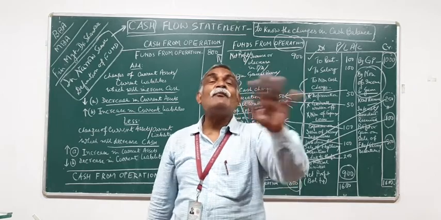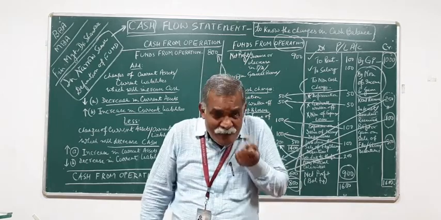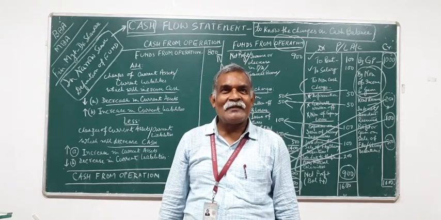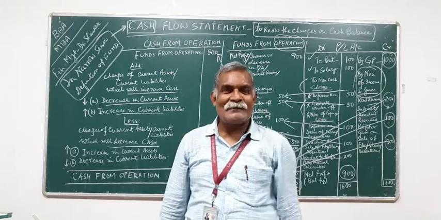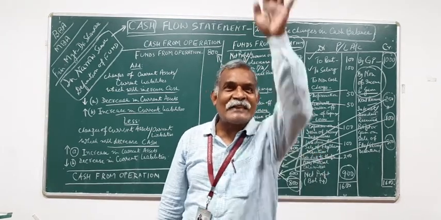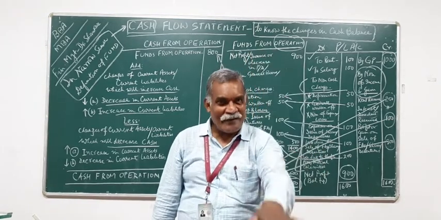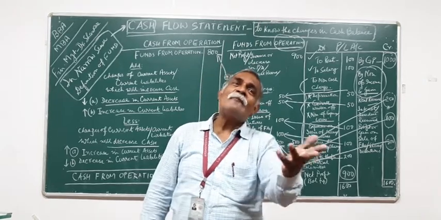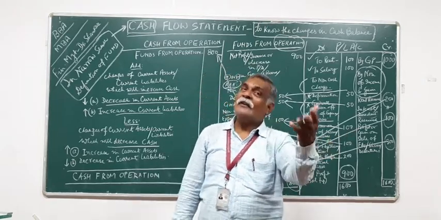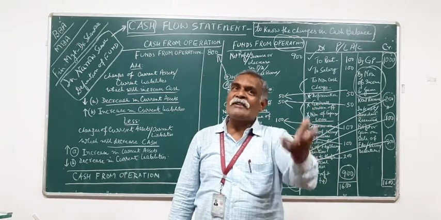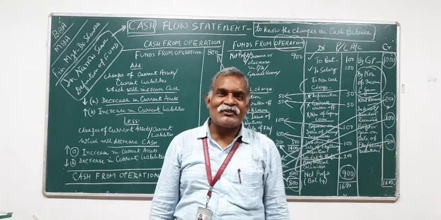So unless we purchase, what does it mean? Our cash will go outside the business. We will utilize the cash. So at the moment we utilize the cash, the cash position of the organization will decrease. The same will happen in the case of debtors, receivables, and all these are current assets.